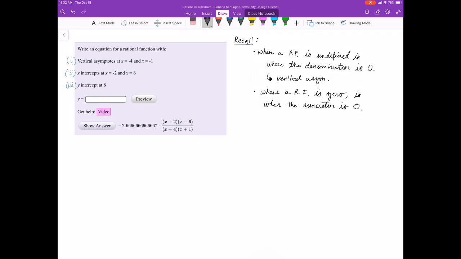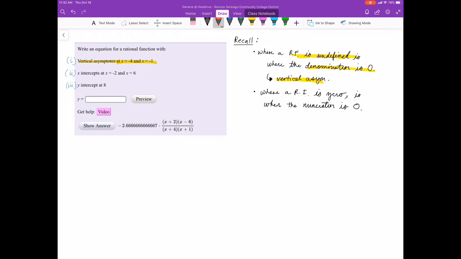Okay, so here in 1i, they tell us that vertical asymptotes are at x equal -4 and x equal 1. This means that if vertical asymptotes are where the denominator is 0, meaning where the rational function is undefined, then I can create factors for these, which would be in the denominator, because it would make the denominator 0, creating vertical asymptotes.